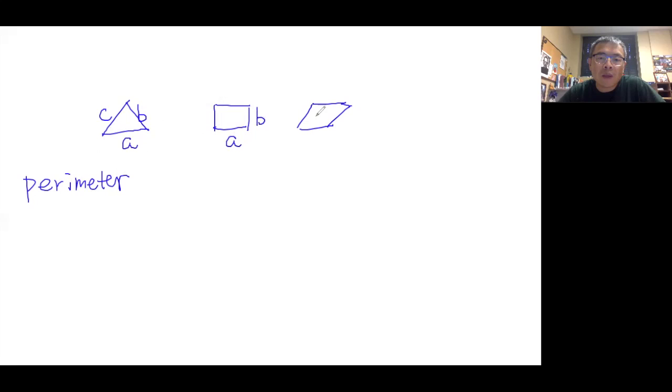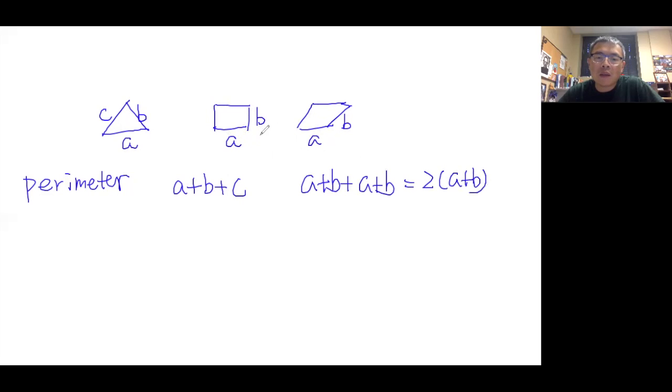In the case of a parallelogram, you need to know this and this as well. After that, for a triangle it's just a plus b plus c, nothing fancy. For the rectangle, you have a plus b, plus another a plus b. Because they're equal, you can write this as 2 times (a plus b). This applies both for a rectangle and a parallelogram.